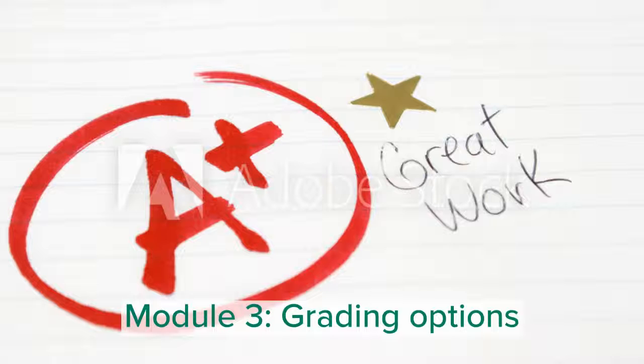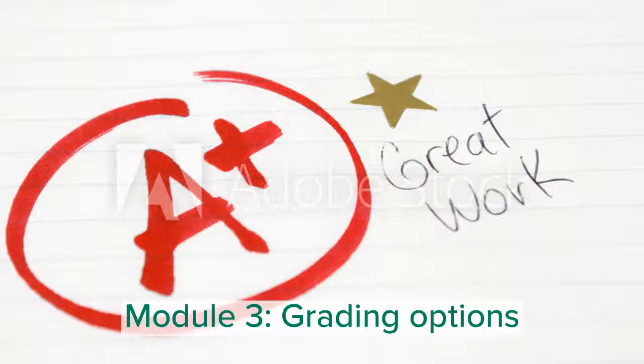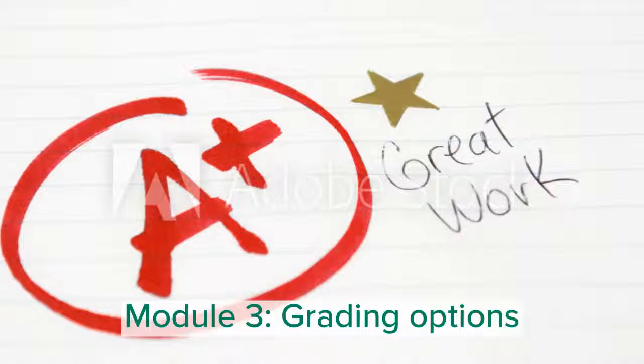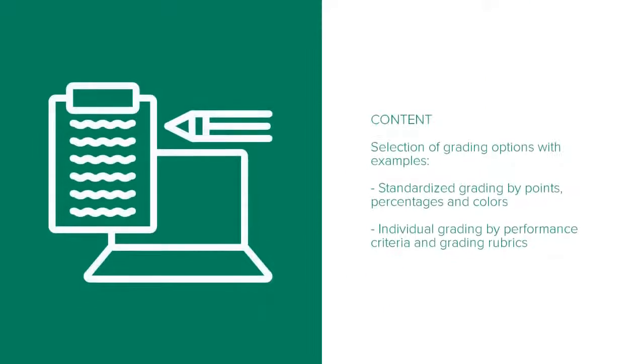Last but not least, our third module, this one about grading options. The content of this module will be a selection of grading options with examples, such as standardized grading by points, percentages and colors, or individual grading by performance criteria and grading rubrics.